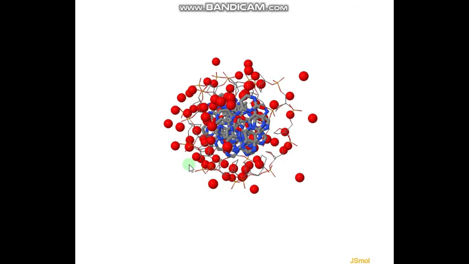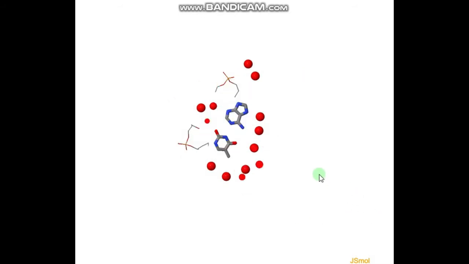So if we want to know how those waters are arranged relative to individual base pairs, it's quite difficult to see from this kind of picture. But what we can do is to take a slice. So if you imagine that, still looking at it from this angle, instead of looking at the whole cylinder, as it were, we're just going to take a thin slice through that cylinder. And there we are.